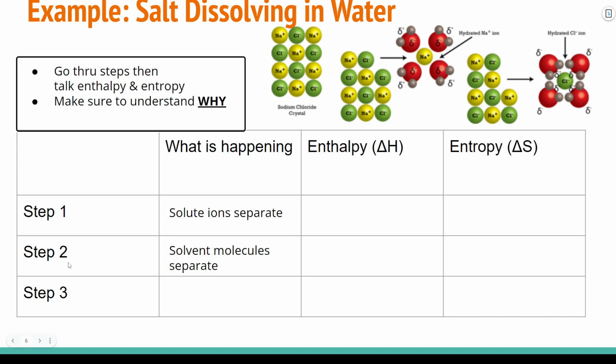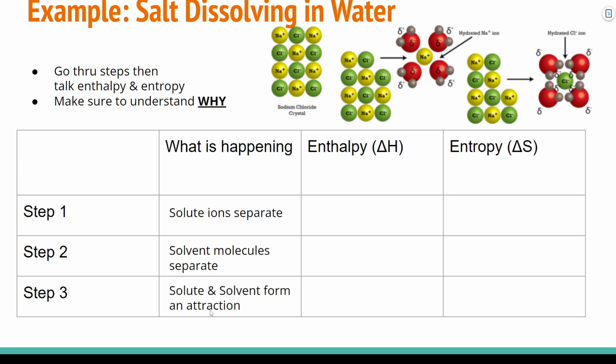Okay, second step. The solvent is going to separate, so the H2O needs to separate. As a reminder, H2O interacting with other H2O molecules are hydrogen bonded together. As a reminder, hydrogen bonds are not bonds. They are an IMF. And so we need to input energy to separate those IMFs, okay?